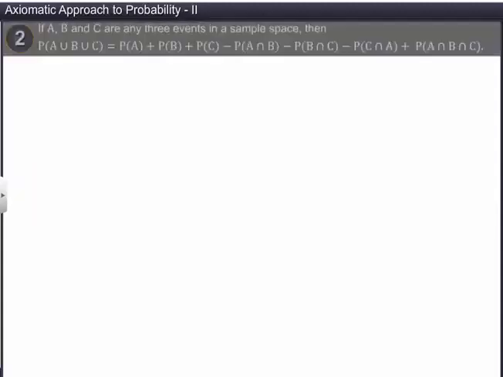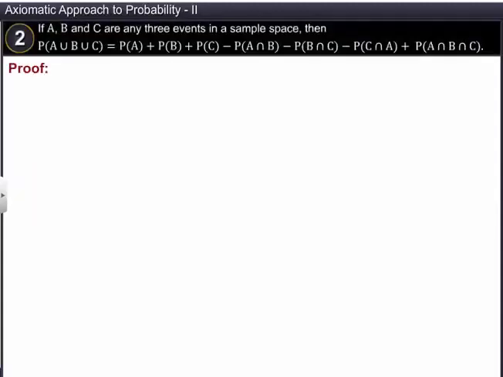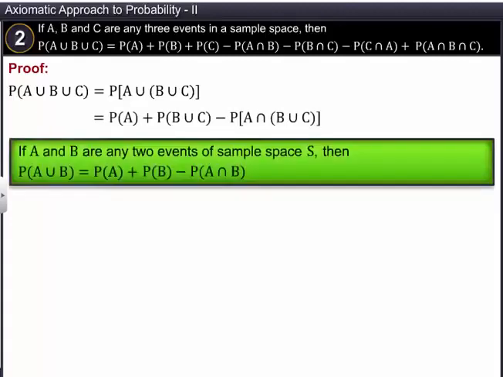To prove this, let's consider P of A union B union C. By using the theorem on the probability of an OR operation of two events, we get these steps.